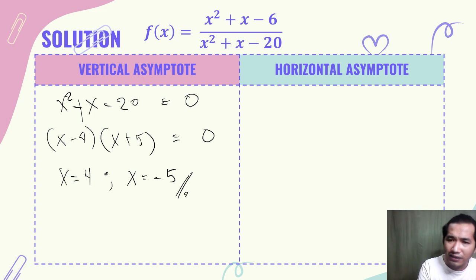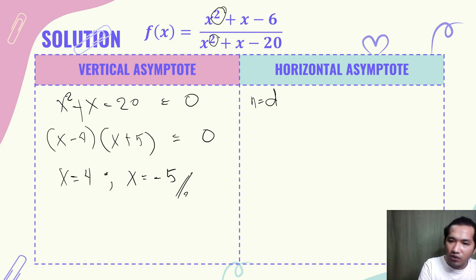For the horizontal asymptote, let us examine first our function, the highest degree of our function. For our numerator, the highest degree of it is 2. And for our denominator, the highest degree of it is 2. So, they are equal. Our n equals d condition is met.